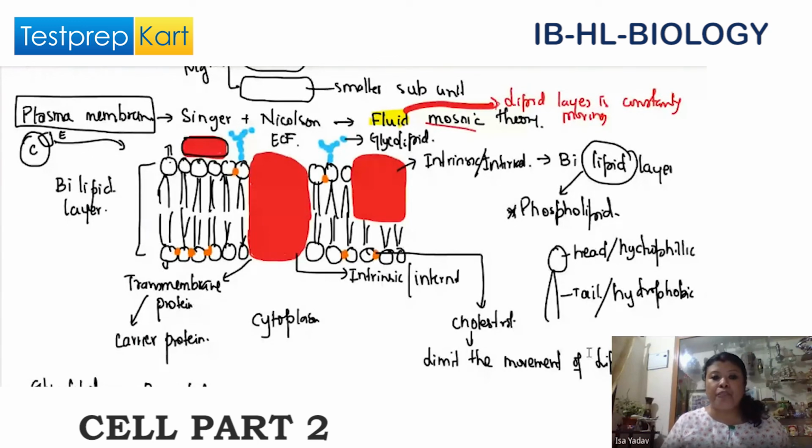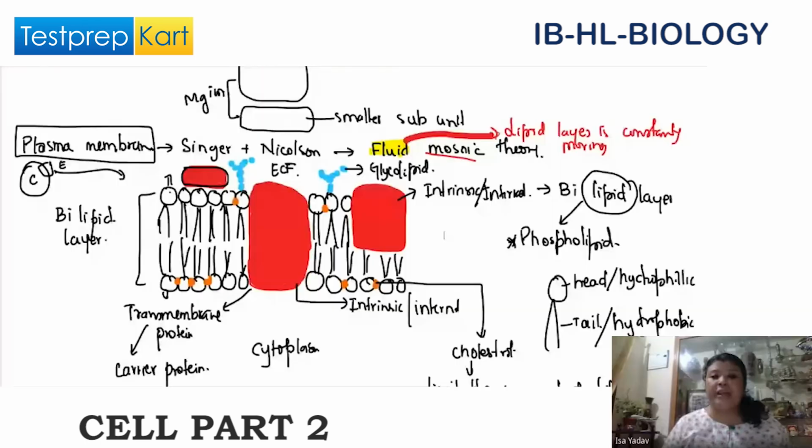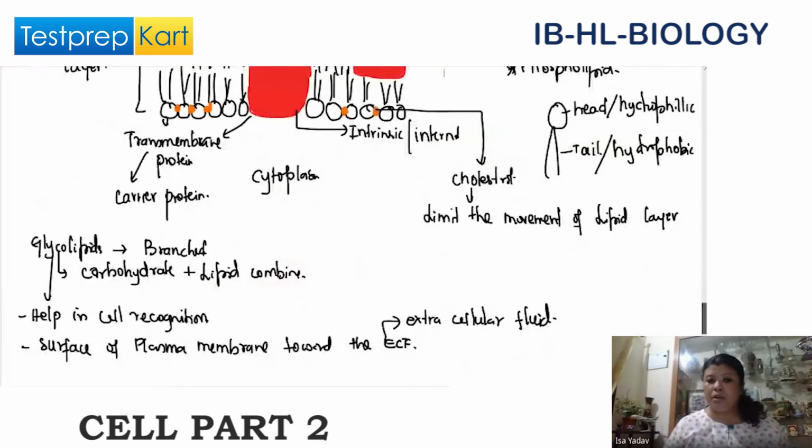So let's see here. Now see into this. Suppose, Sana, for example, this is outside the cell. I'll draw another diagram here. See here.